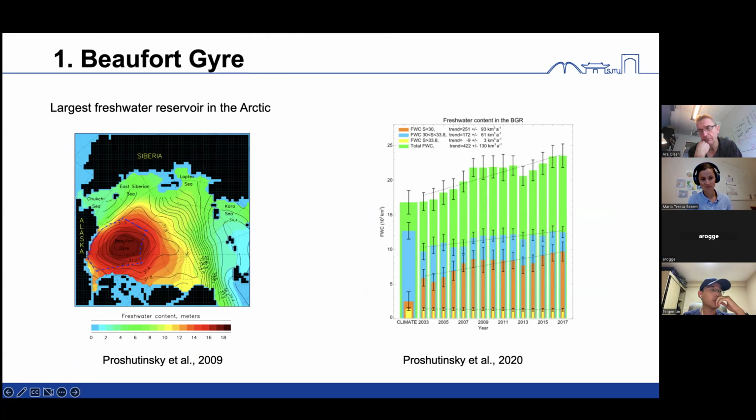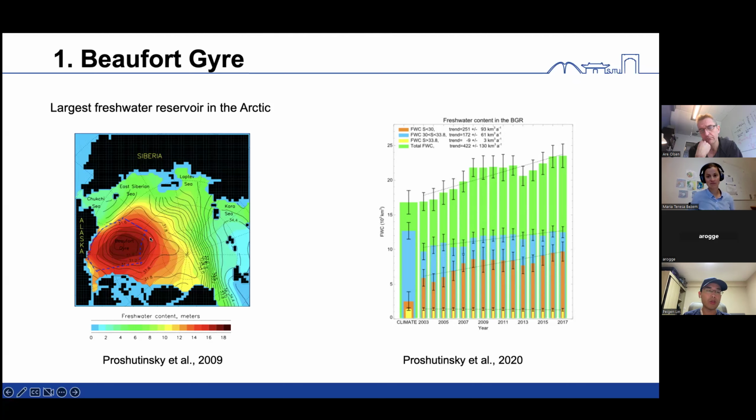This is just our suspicion: the freshwater is not changing in the Beaufort Gyre region, but the inflow of the Pacific water is still increasing, and the other sources are also increasing.